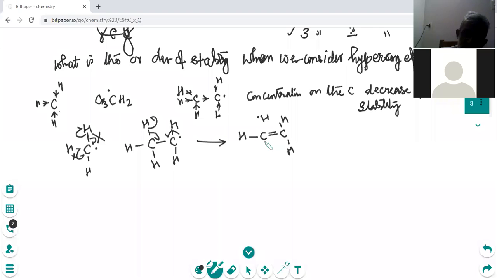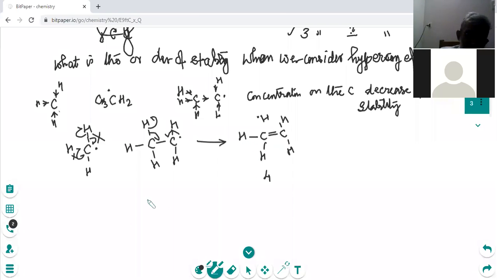So all of them can participate. You have one more hydrogen here. All these hydrogen can participate. That means there will be three equivalents of hyperconjugative effect because of one methyl group. So there will be four structures. One using this hydrogen, second using this hydrogen, third using this hydrogen.